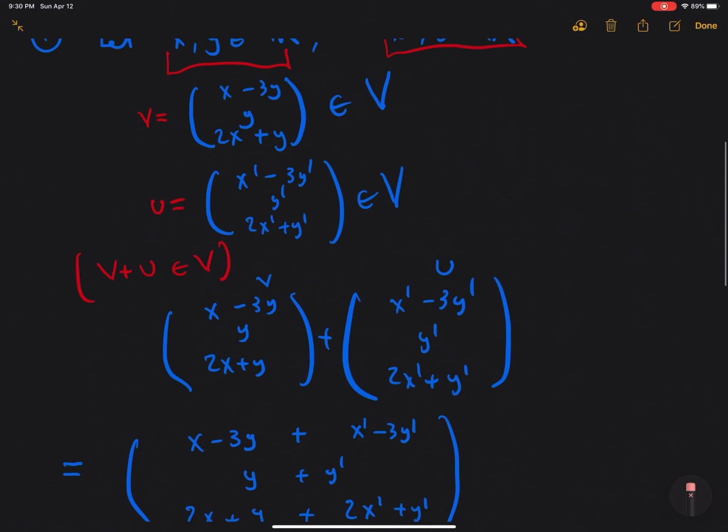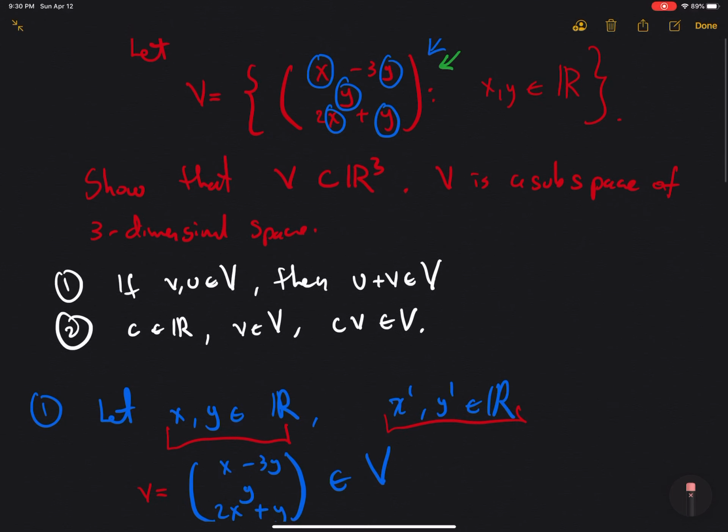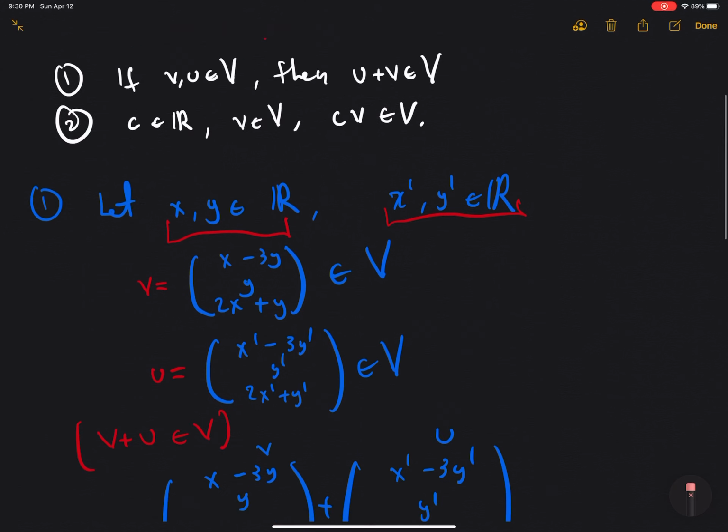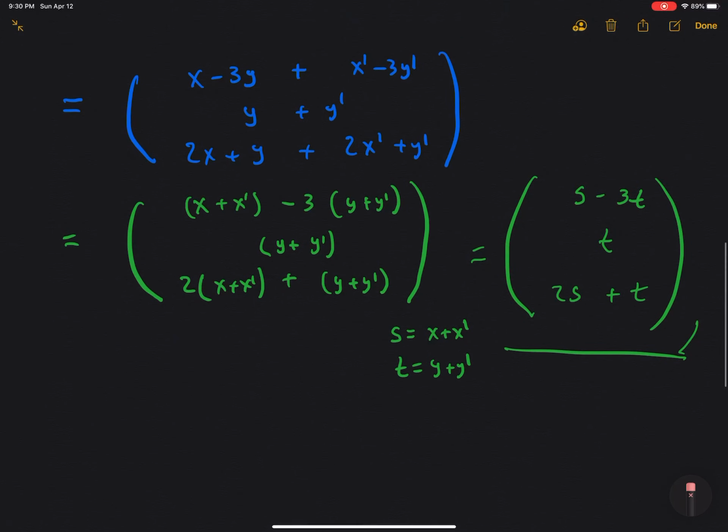And then the last component is 2 times the first parameter plus the second parameter, and that also satisfies that. So just by rearranging this, we now know that this is also a vector in V.